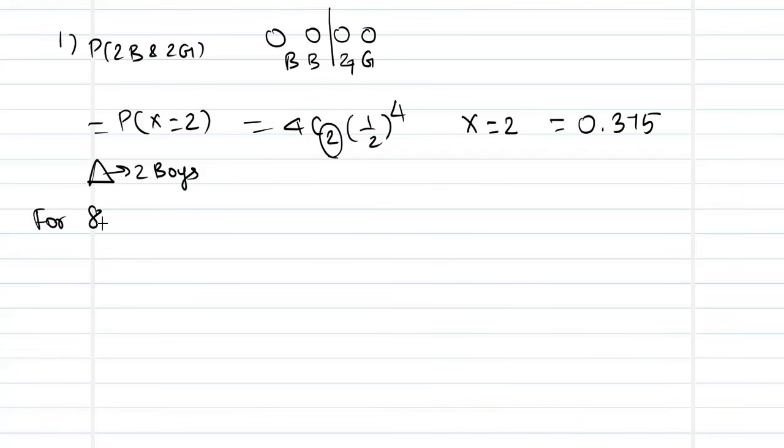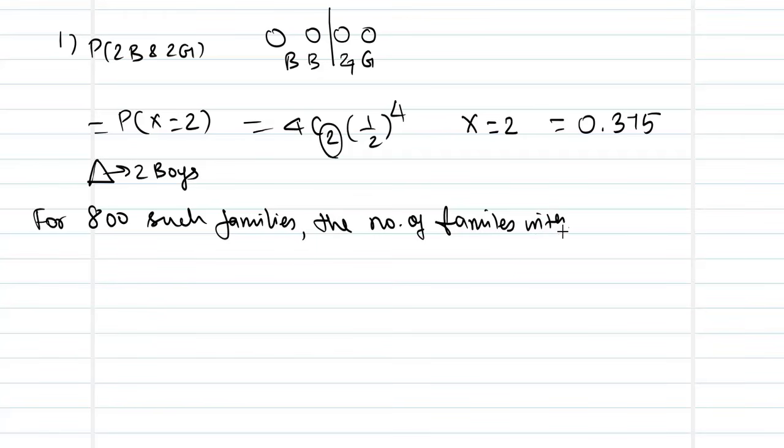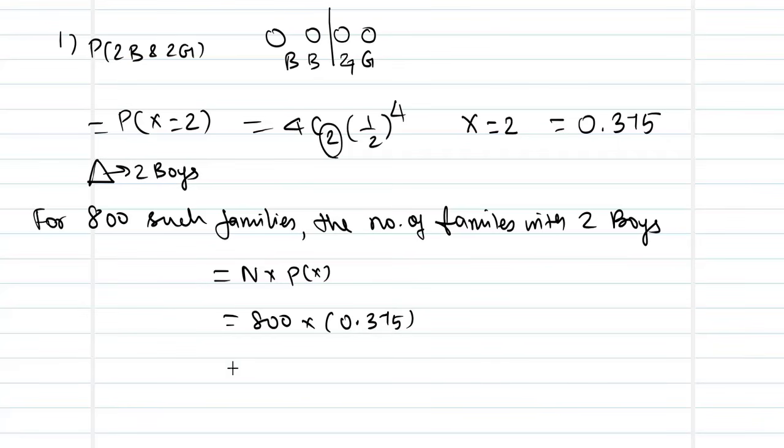Therefore for 800 such families, the number of families with 2 boys will be equal to capital N into probability of x. So this is 800 into the probability 0.375, which we have just now arrived at. So this gives the answer as 300.